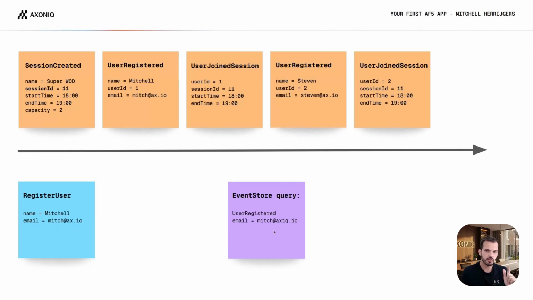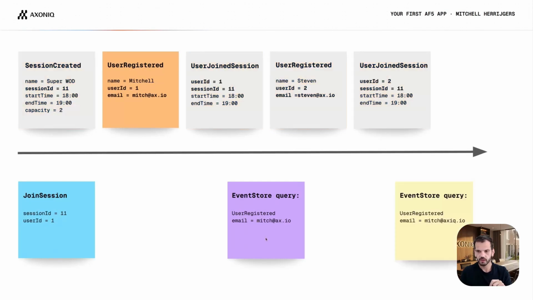So what we do is we send the event store query. We want all user registered events with this email tag. And then the event store comes back with these events, and we build a model out of this. The outcome of this, of course, is that it fails. We already have an event with that email. We will see in a little bit how this works in code.